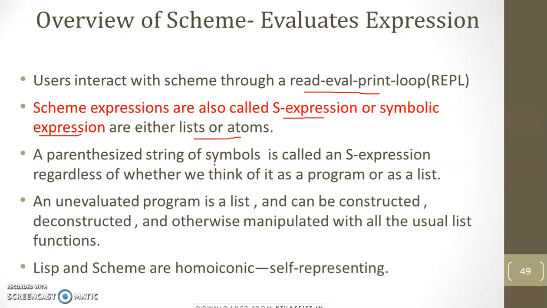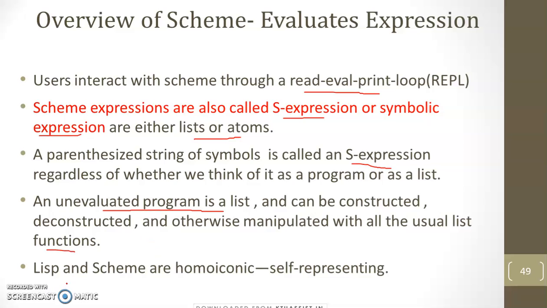The parenthesized string of symbols is called an S-expression, regardless of whether we think of it as a program or a list. An unevaluated program is a list and can be constructed or deconstructed and otherwise manipulated with all the usual list functions.